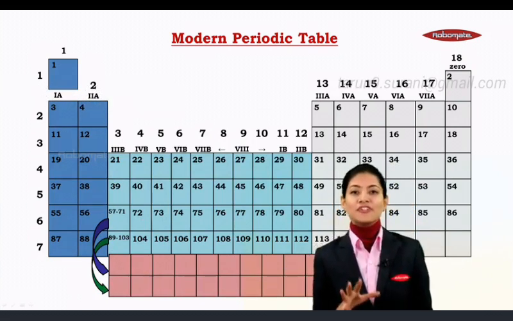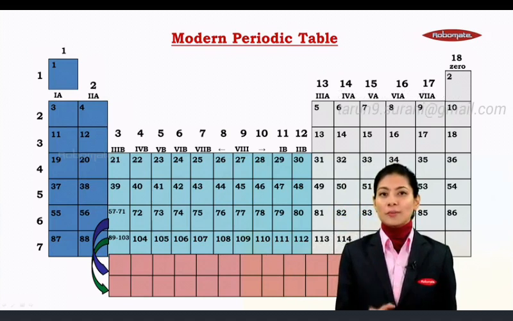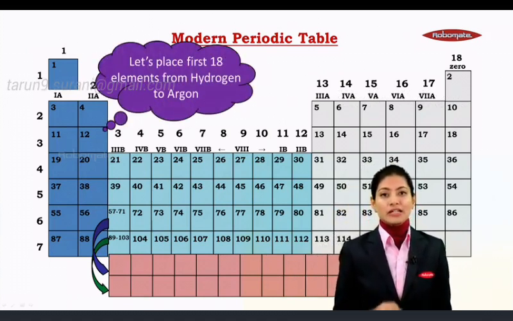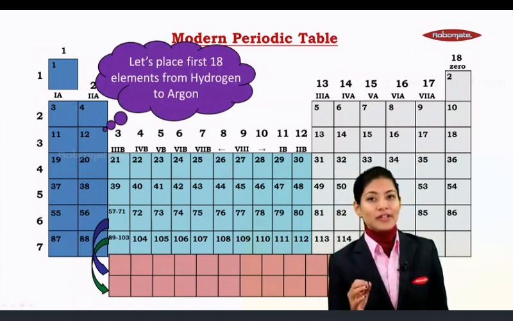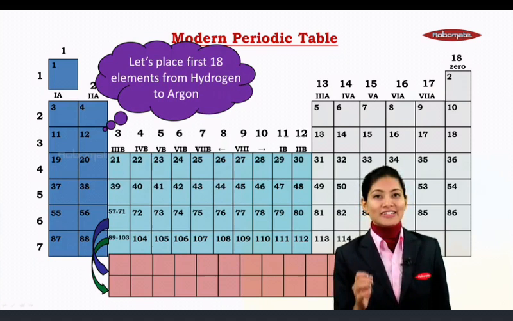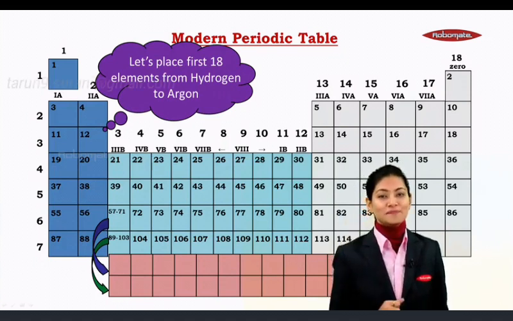So up till now, we were filling the elements according to their atomic number. Let us now fill the elements. Let's place the first 18 elements from hydrogen to argon. That is, in a way, we are covering the elements of the first 3 periods.